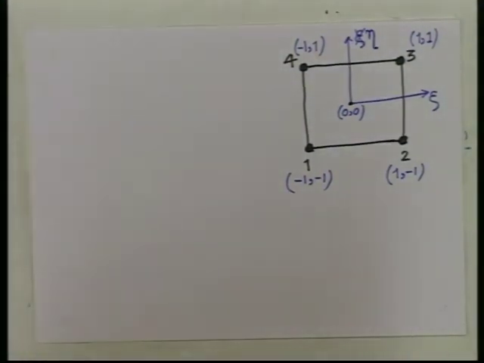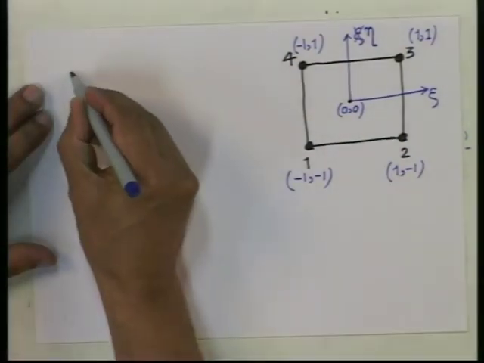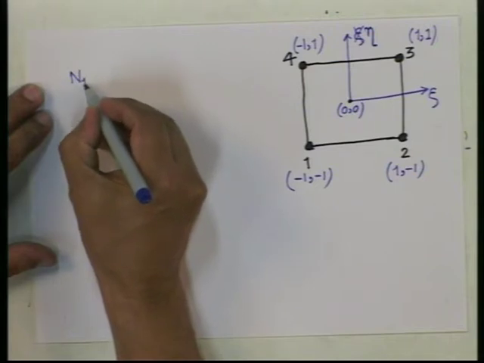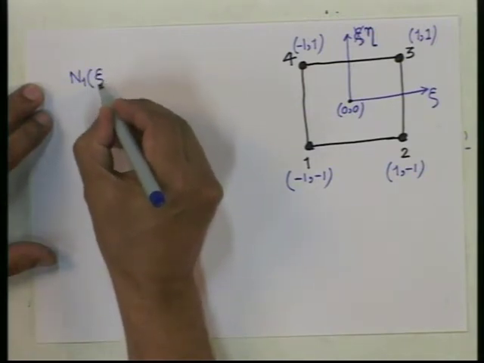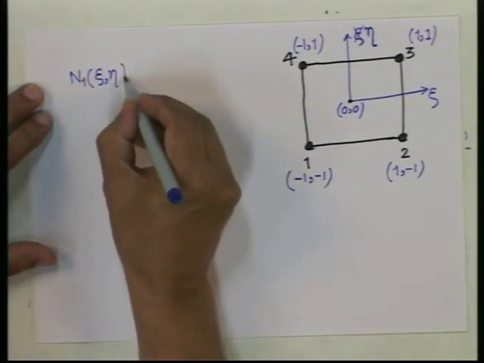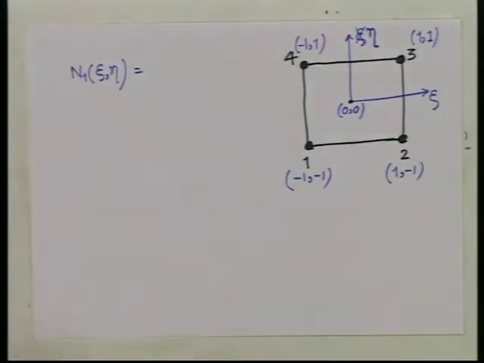Now, you tell me how to write down the shape function for node 1. Node 1, psi, eta. I should get the value equal to 1 when psi equals minus 1 and eta equals minus 1.